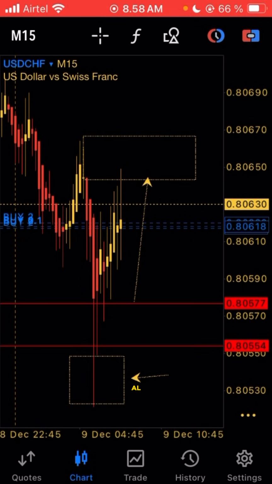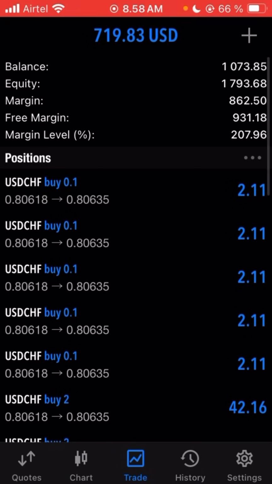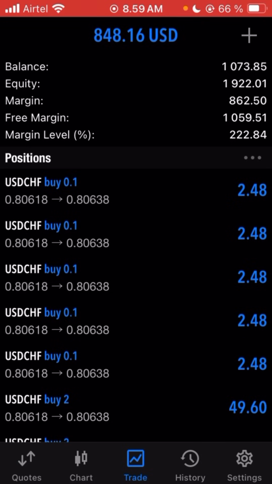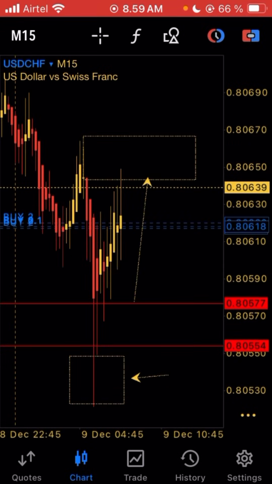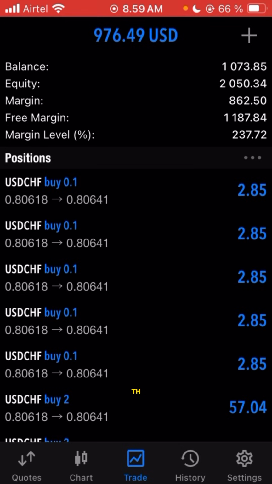All right, so this is actually the sad note. The market actually hit my TP and came back to a lower level. I won't say back to my entry, it's actually back to a lower level, which is very, very bad. We took a drawdown of over $600, but it was good because that was what I was expecting.